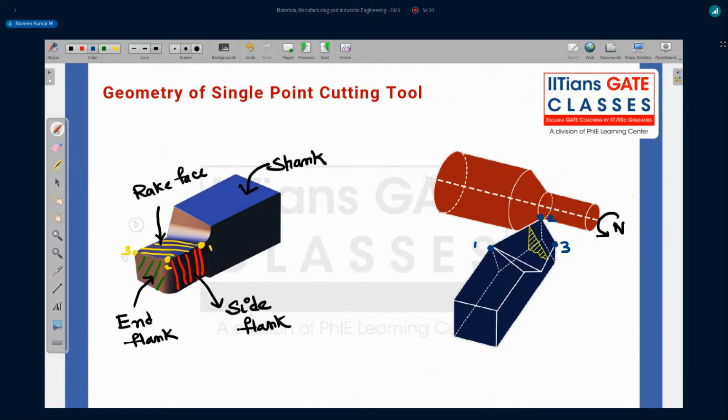The edge between 1 and 2 is known as the side cutting edge. The edge between 2 and 3 is known as the end cutting edge. Let me write them. 1 to 2 is the side cutting edge, sometimes main cutting edge, sometimes principal cutting edge.